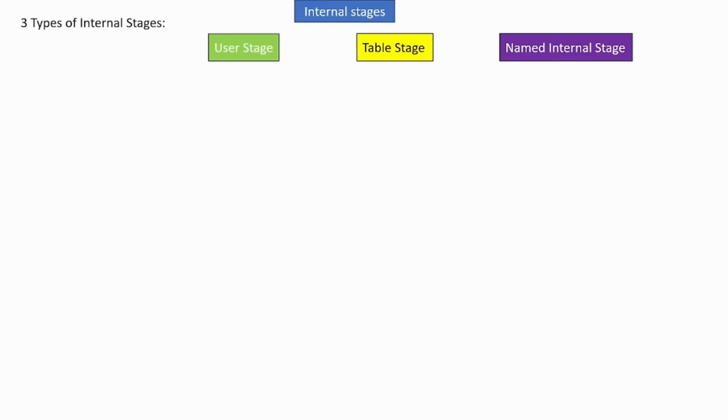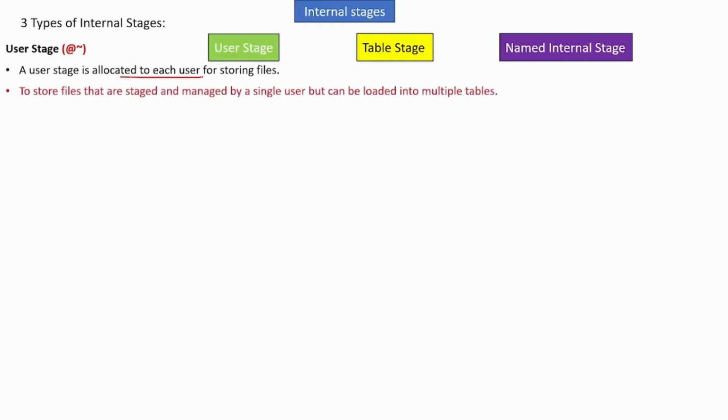Now let's discuss more in depth what internal stages are. There are three types of internal stages. First is user stage, second is table stage, and third is named internal stage. A user stage is allocated to each user for storing files. These files are staged and managed by a single user but can be loaded into multiple tables.